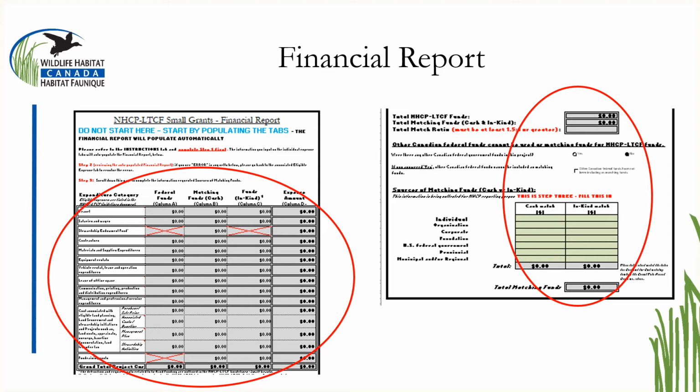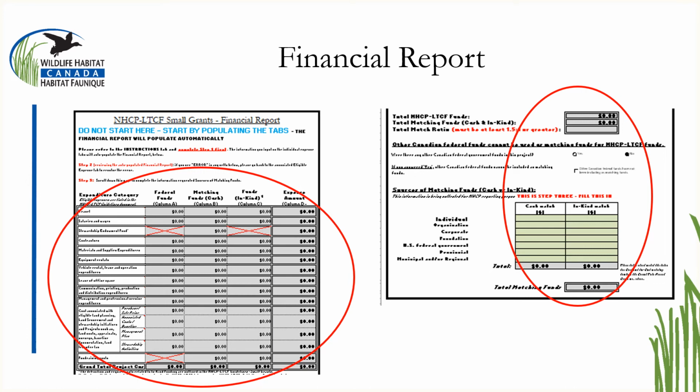Financial report. Now, return to the financial report worksheet and review the auto-populated amounts. Ensure that all amounts that have been populated are correct, such as the grand total of LTCF amount in cell E20, which must not exceed the amount awarded on your signed funding agreement.